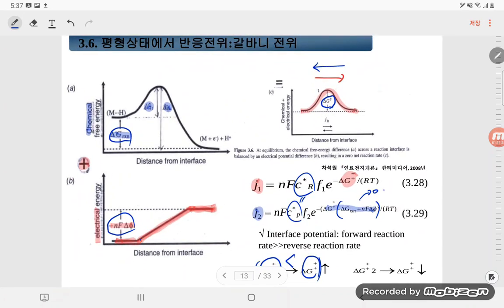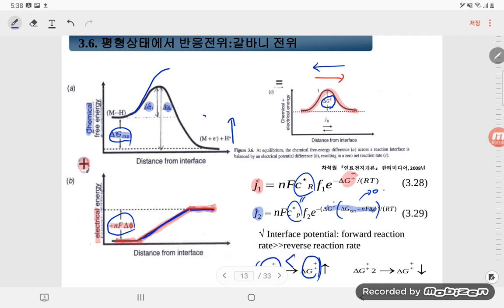Because there is a slope in this electrical potential, so it is slightly higher, and by the effect of this potential, this layer, this slope, the free energy of this product increased to here, right?